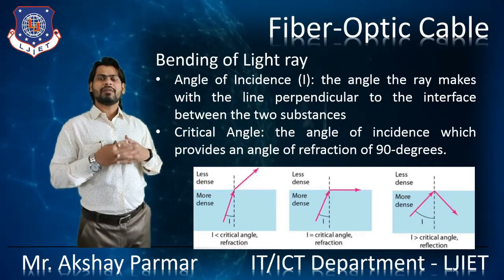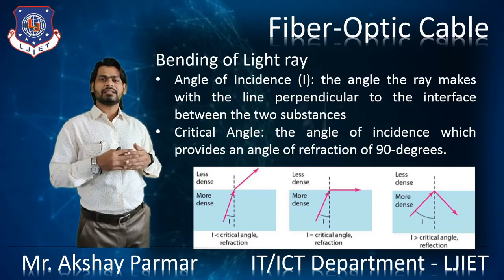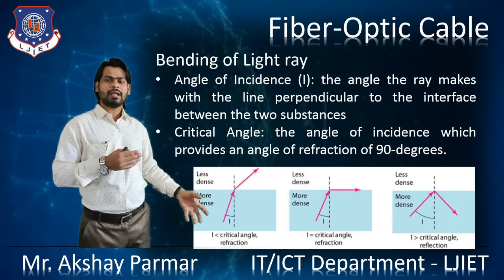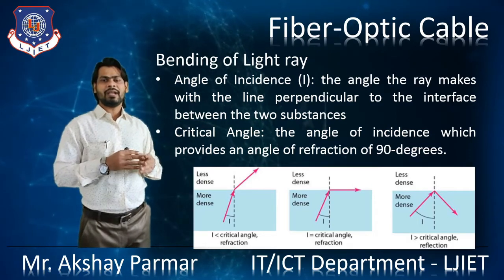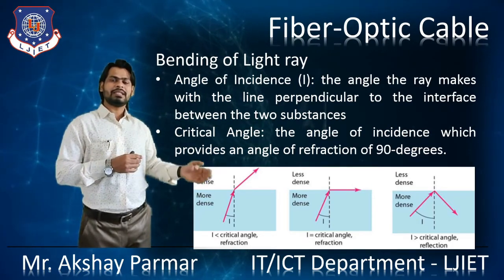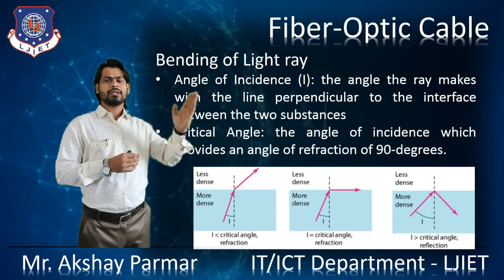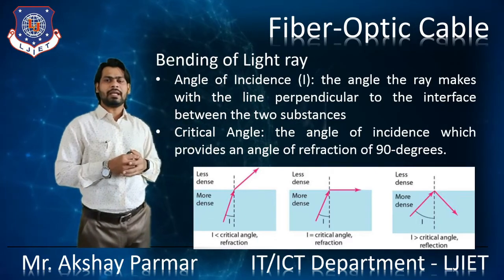We have seen that if the light is traveling from a more dense to a less dense substance, it changes its direction, right? You can observe that it is changing its direction from straight to slightly bending, right?